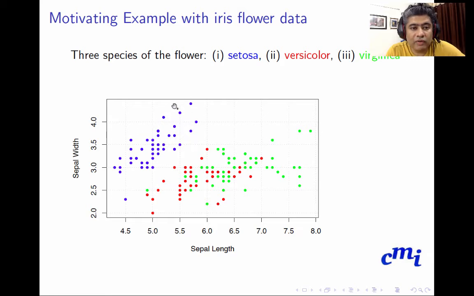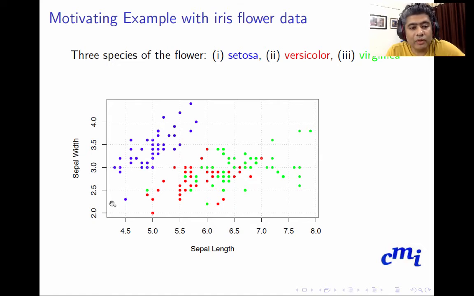Most of the flowers are actually setosa. So after 3.5, most likely the flower is going to be setosa, and between 3 and 3.5, it is also more likely, compared to the others, that it is going to be setosa.